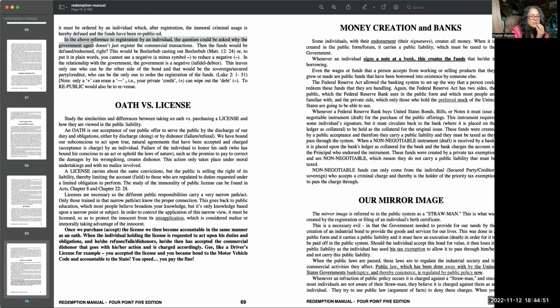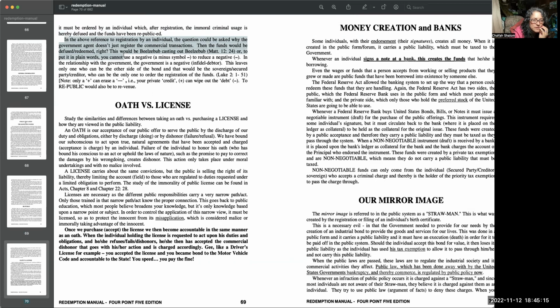In the above reference to registration by an individual, the question could be asked why the government agent doesn't just register the commercial transactions. Then the funds would be diffused, redeemed, right? This would be Beelzebub casting out Beelzebub.